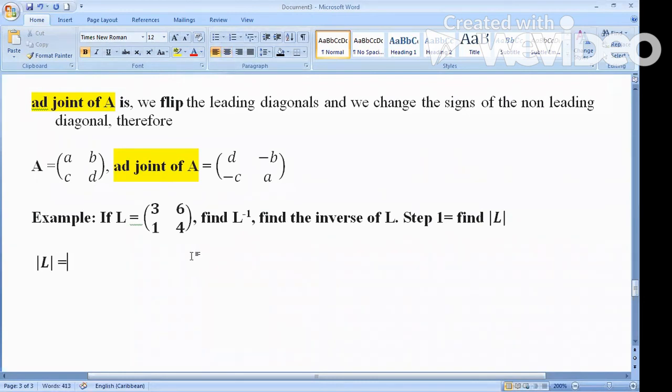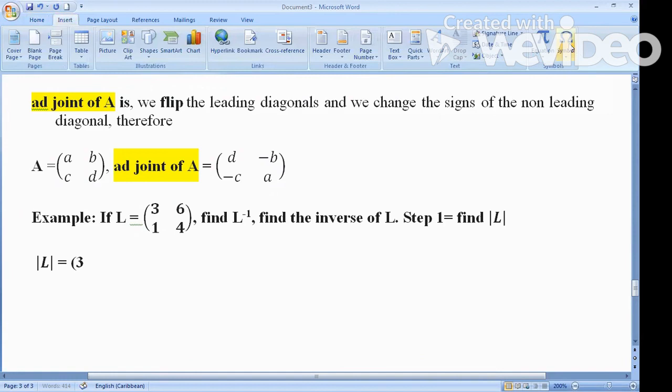You multiply the leading diagonal, and then we have 3 times 4 is 12, 1 times 6 is 6, 6 from 12 is 6. So the determinant is equal to 6. So that's step 1.